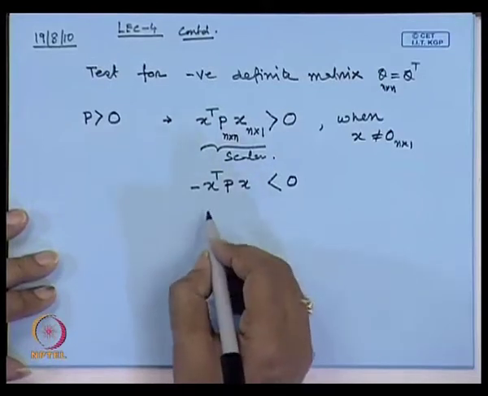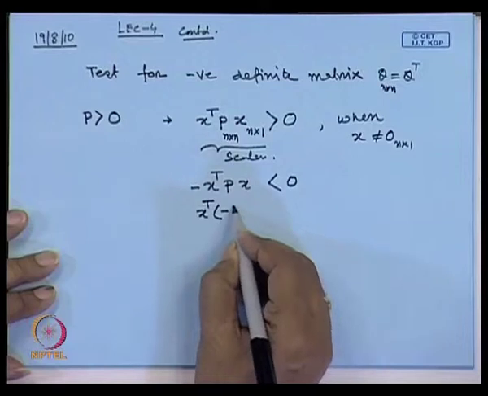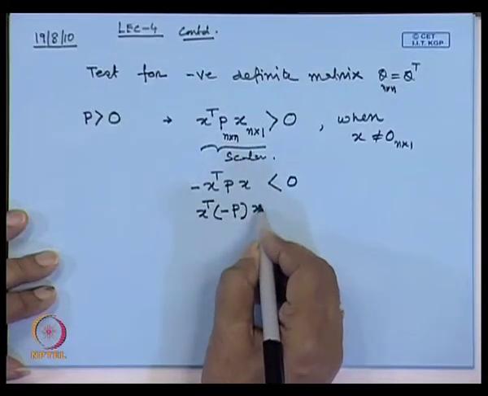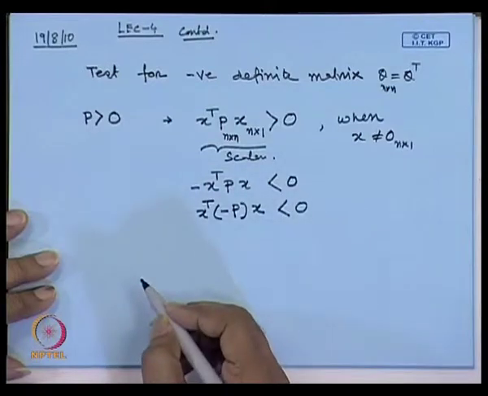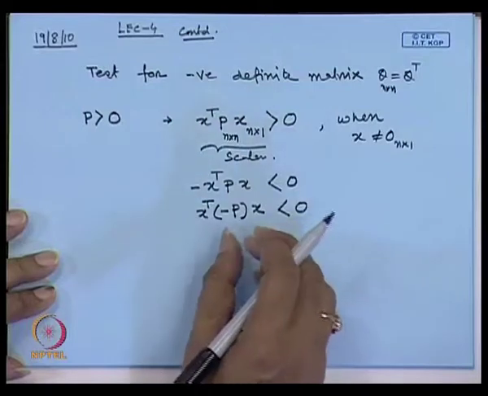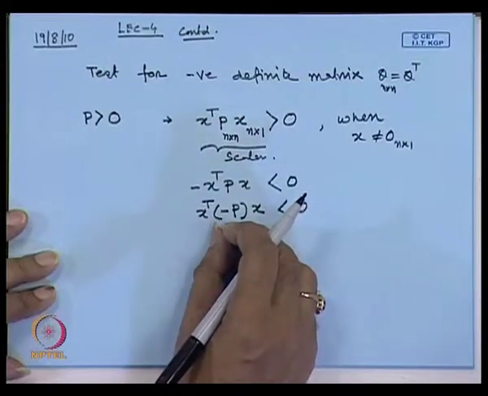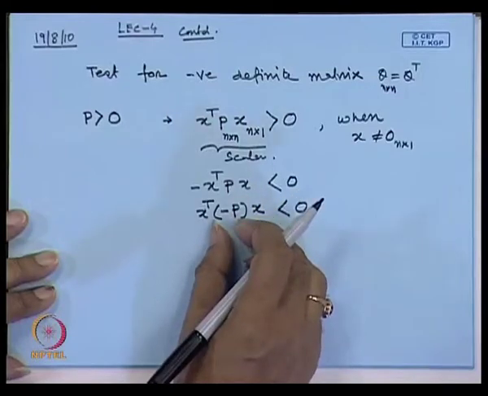Then the minus sign I can push inside with P, and x transpose minus P x is also less than 0. So this quantity is less than 0 if minus P is a negative definite matrix, by the definition of quadratic functions.